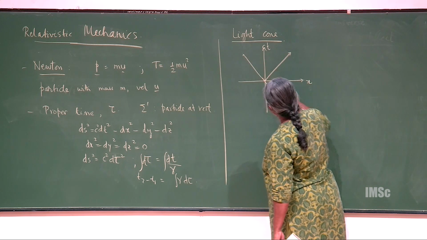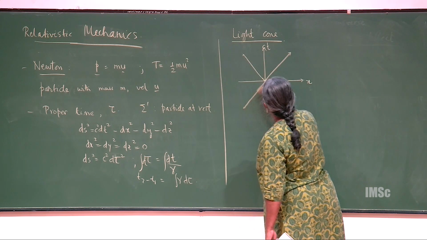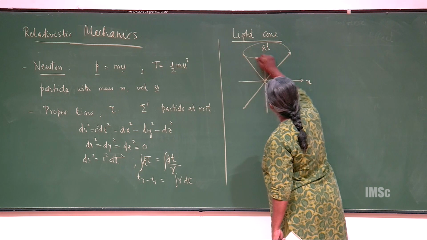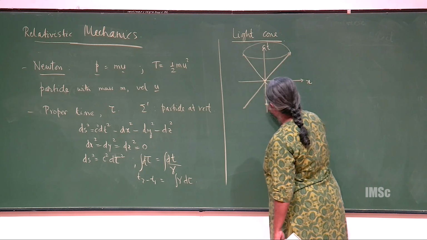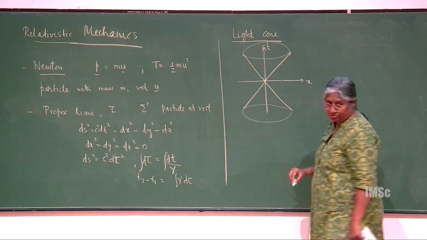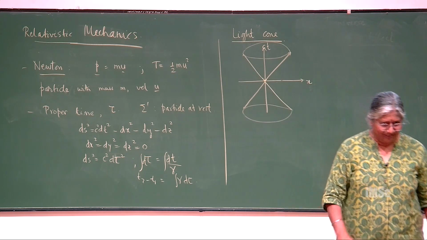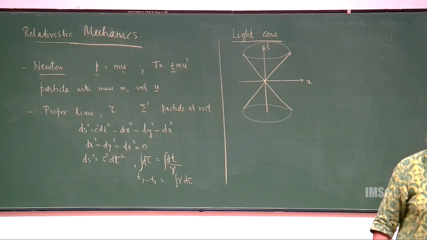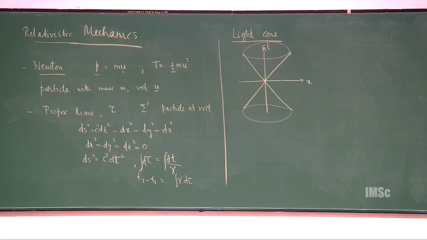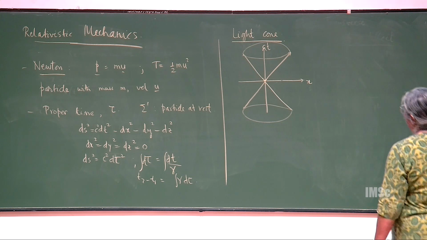So all these are light-like vectors, and since there's actually 3 dimensions, by the way this circle is only in 2 dimensions, but you should imagine a cone in 3 dimensions. Okay, so this is called a light cone. That means the surface of this is what light will travel in.